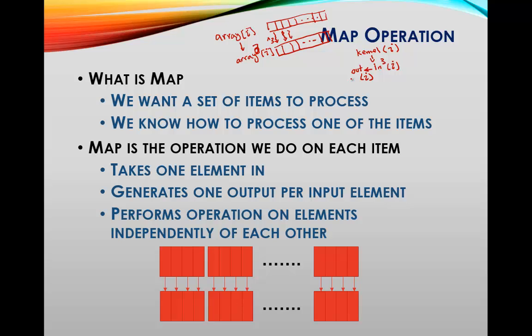The map operation takes one element as input, generates one output per input element, and performs the operation on elements independently of each other.